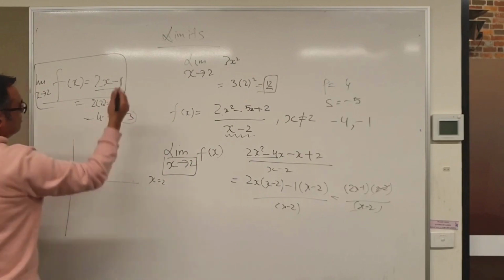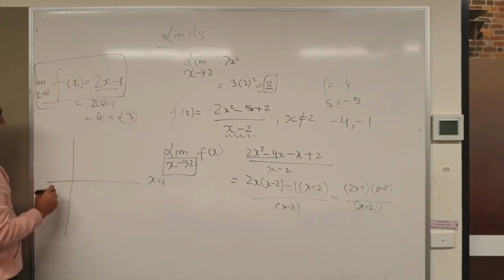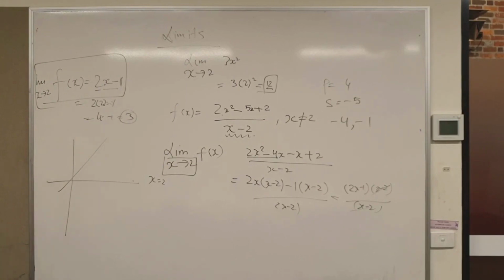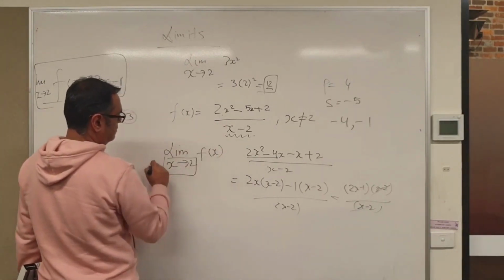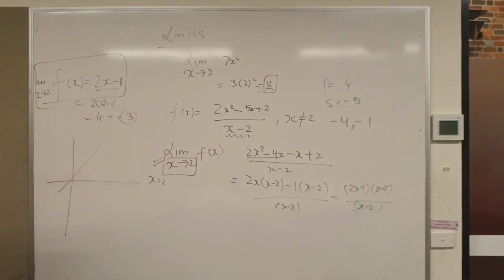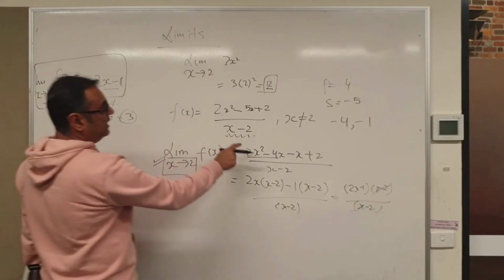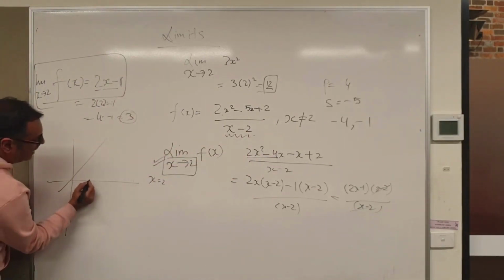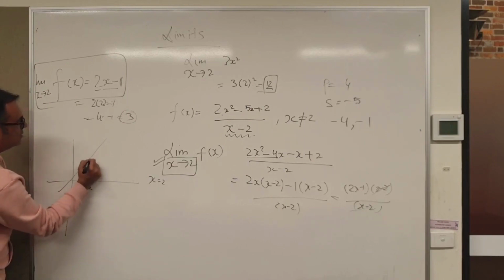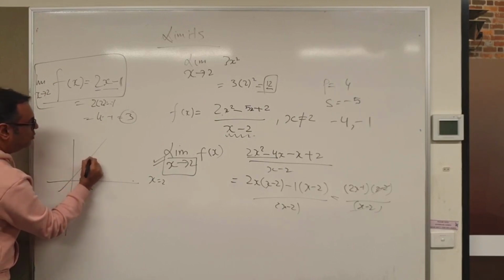This is linear, so it must look something like this. But the problem is this bit here: the function is not defined at x equals 2. It's given right at the beginning. So at x equals 1 here and x equals 2 here, this point will be an open circle.